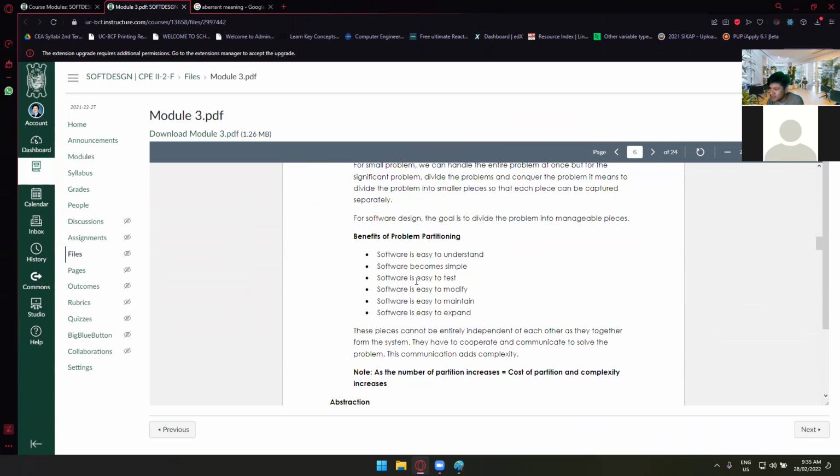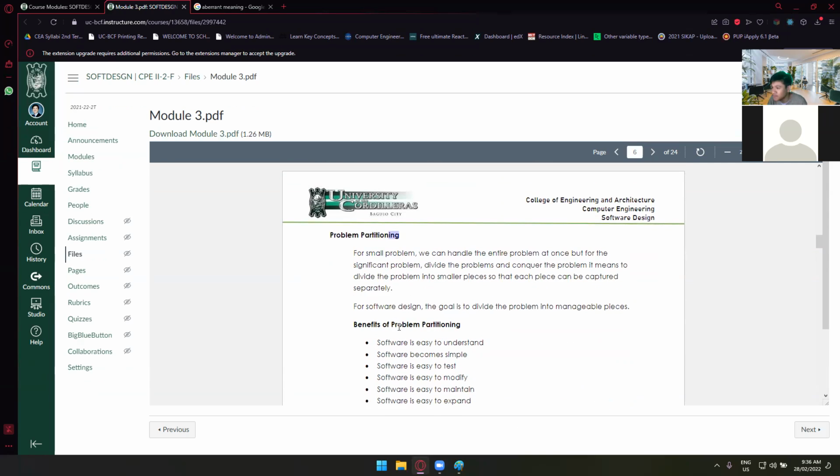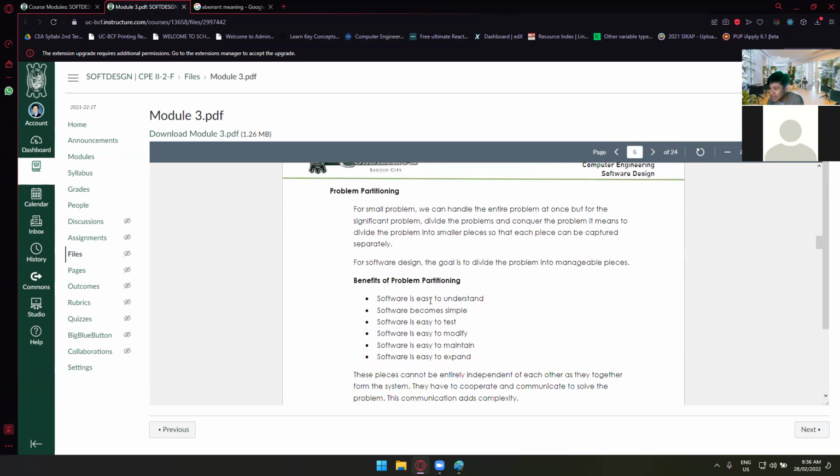Well, I'll give you guys a brief description. Problem partitioning is, from the word partitioning, you're going to separate that one into smaller chunks or smaller problems. Let's say from one big problem into 5 smaller problems. In doing that, it will be easier to understand, more simple, easier to test, easier to modify, easier to maintain, and easier to expand.